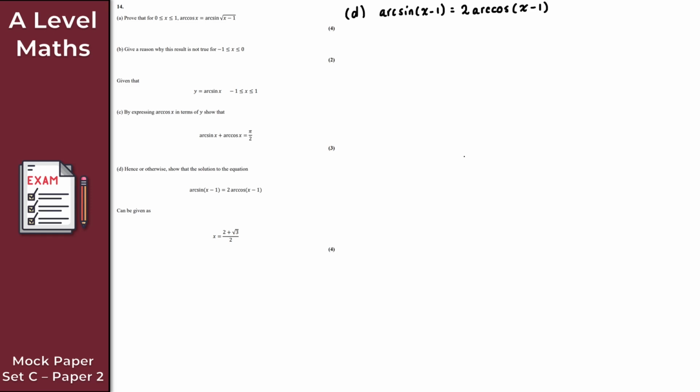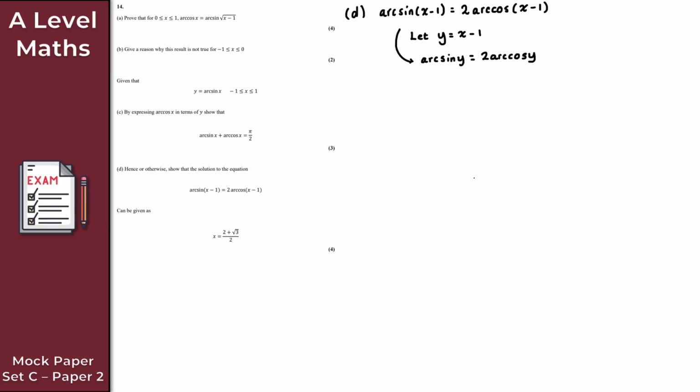Now, what I'm going to do here is just use a substitution. If we let y be equal to x minus 1, then what I obtain is arc sine y is equal to 2 arc cos y. Like so.